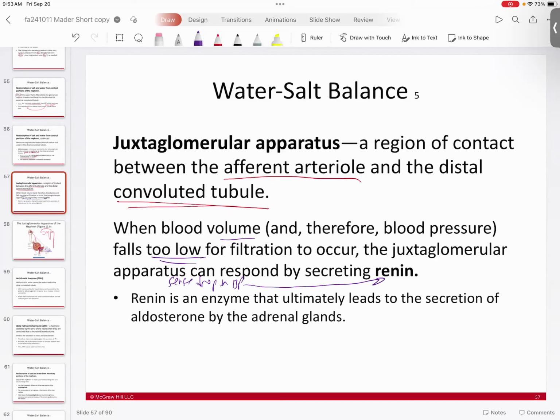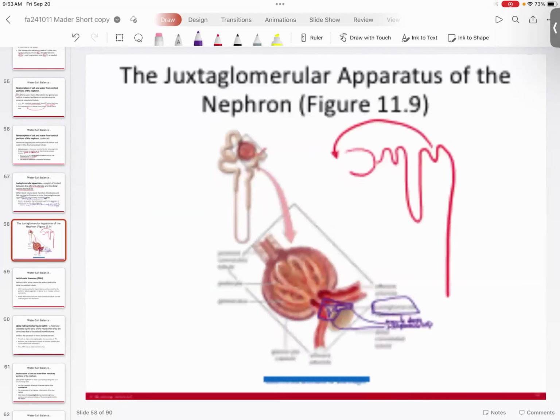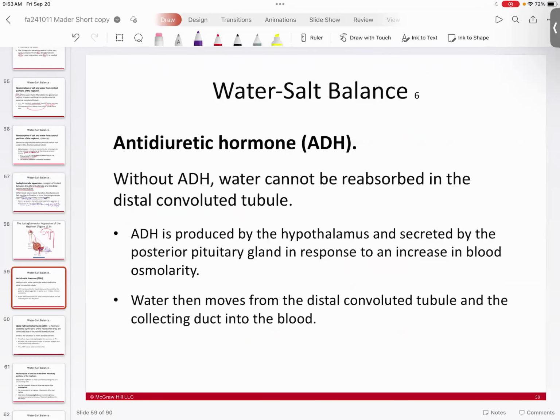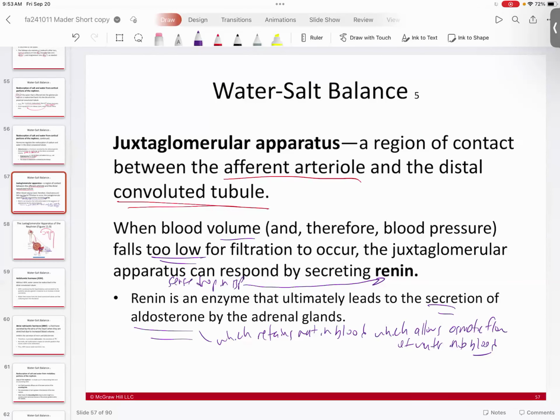Now remember, renin is an enzyme that ultimately leads to the secretion of aldosterone, which stimulates the retention of sodium in the blood, which allows osmotic flow of water into the blood. Okay. Basically that's how that system is working.